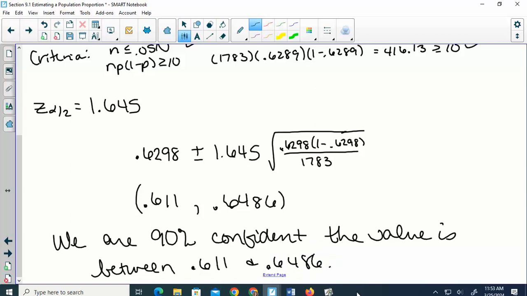Or the value in this case is the number of registered voters who believe in the death penalty. So we are 90% confident that the true proportion is between 0.611 and 0.6486. So somewhere between 61 and 64%. Is that one okay?